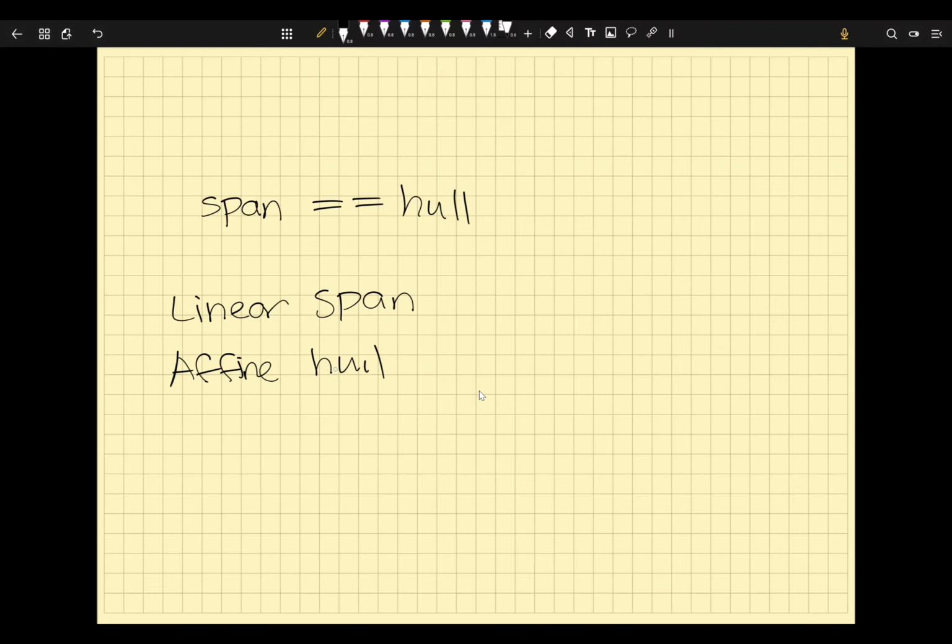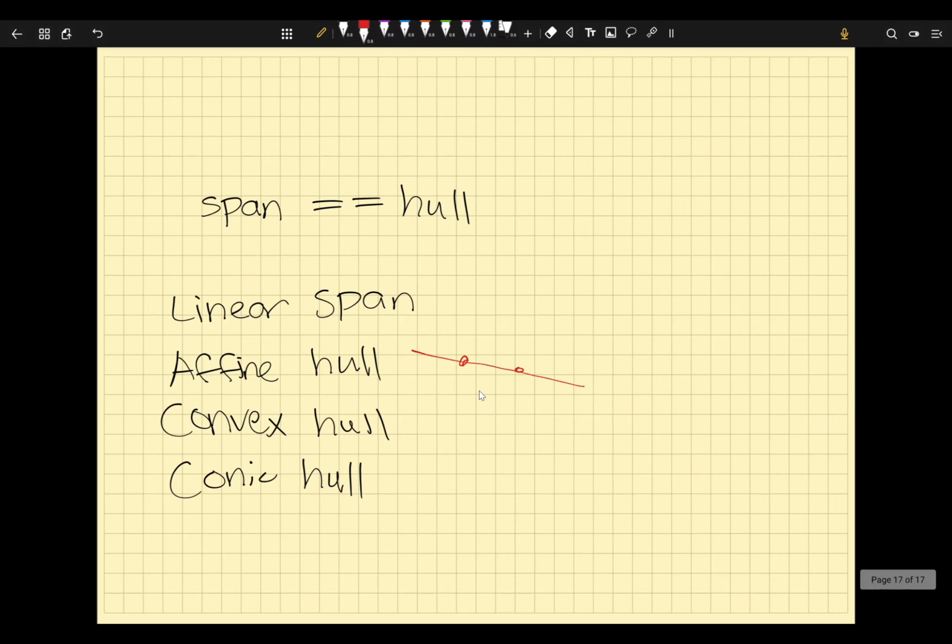But for linear, we say span. And so these hulls and these spans are what I was just showing you. The affine hull of 2 points was like the line through them. The convex hull is like the space in between these points. The conic hull was this, and then the linear span, if we have a line, is all of the scalar multiples of the line.